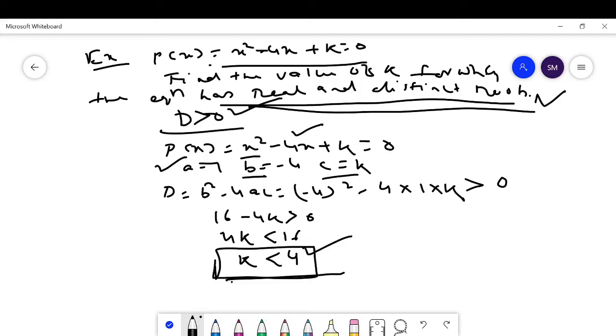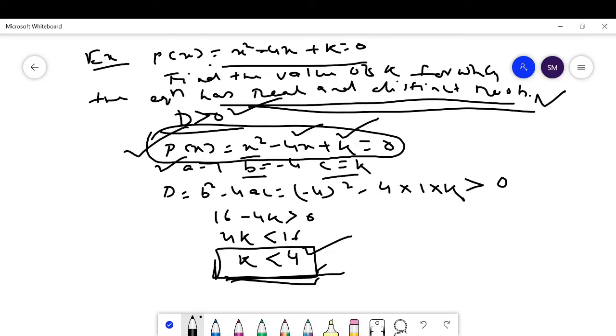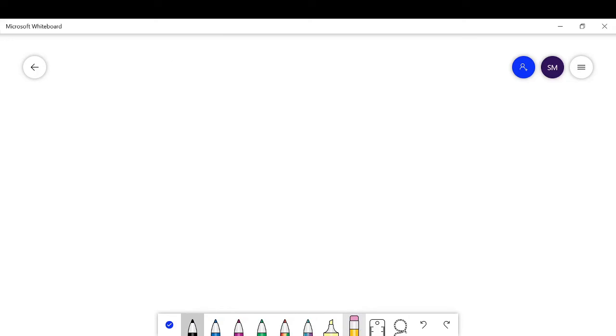When the value of k is less than 4, the equation p(x) = x square minus 4x plus k has real and distinct roots.